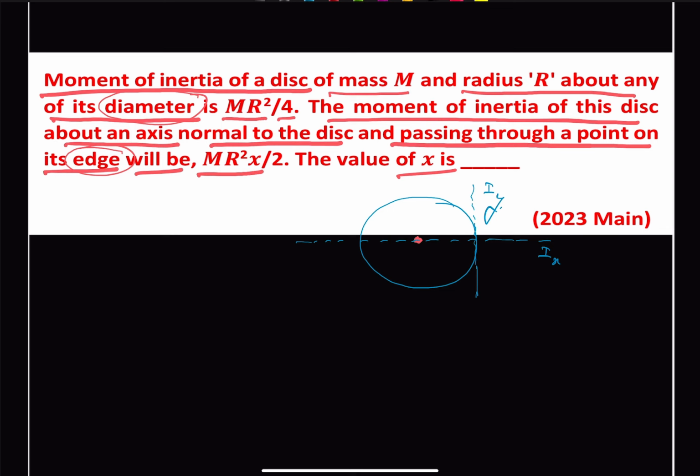Let me check once again. The moment of inertia of disk of mass m about any diameter is mr square by 4. The moment of inertia of this disk about an axis normal to the disk and passing through a point on the edge is... okay. Suppose r is the radius.